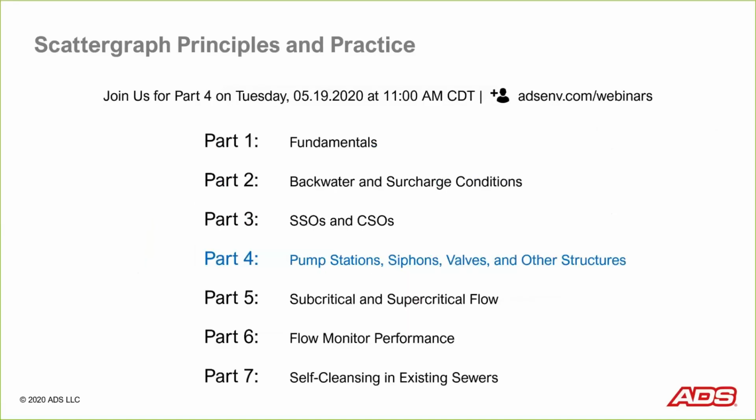And then that brings us to the next part in this series. Part 4 is something called pump stations, siphons, valves, and other structures. Or in other words, it's my version of planes, trains, and automobiles.